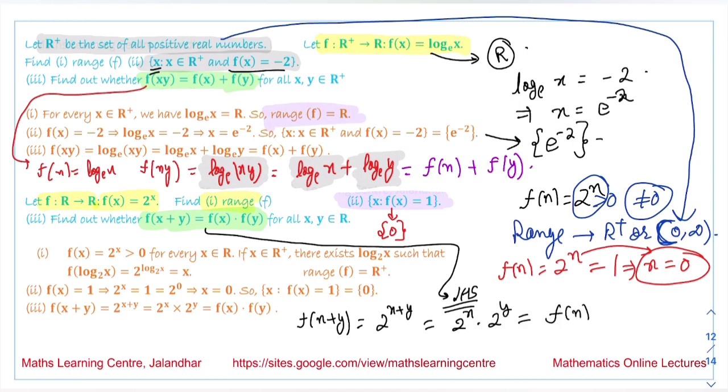This is equal to f of x into f of y. And this is what we are saying, that f of x plus y is equal to f of x into f of y. Hence, this third result is proved over here.